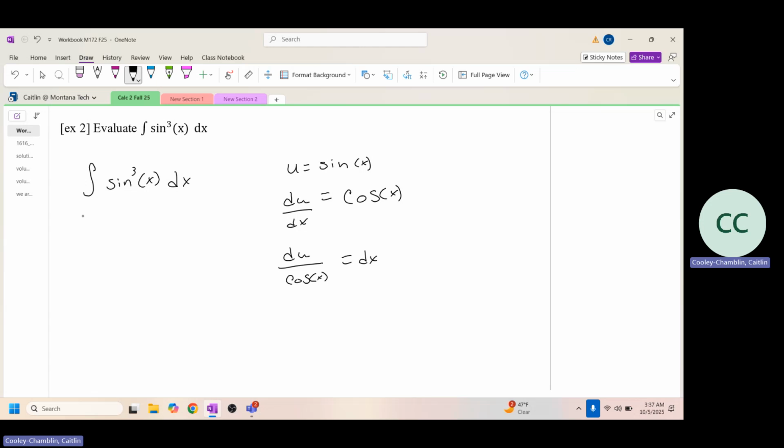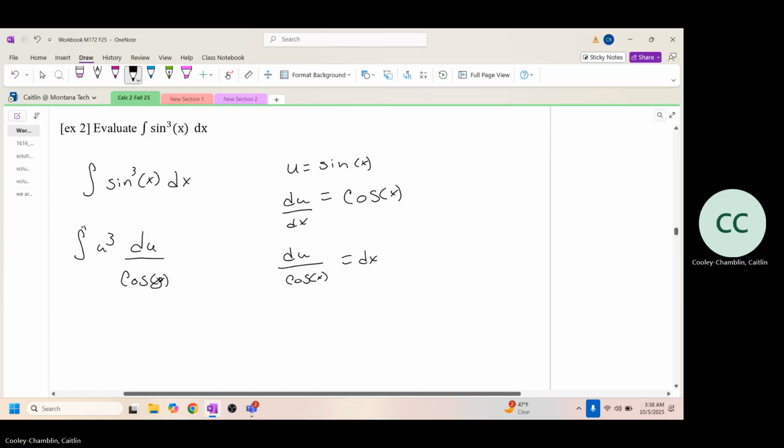If we plug that back in, we get the integral of u cubed du over cosine of x. That's not very helpful. Nothing cancels. I still have an x in here, so I can't keep simplifying. So that did not work.